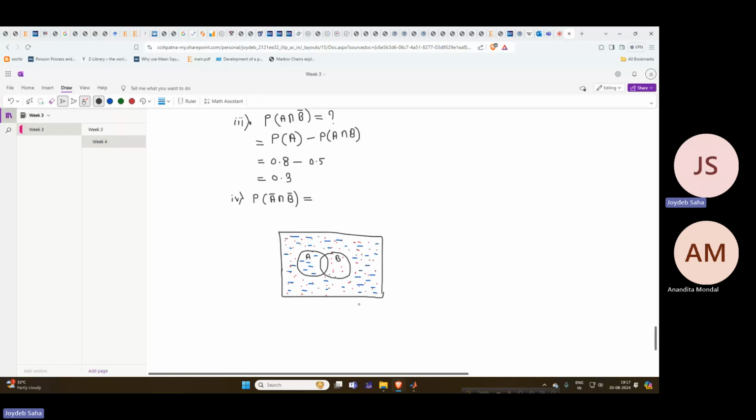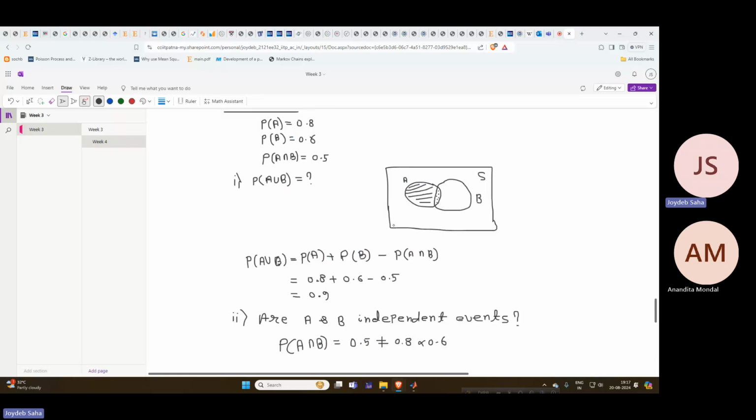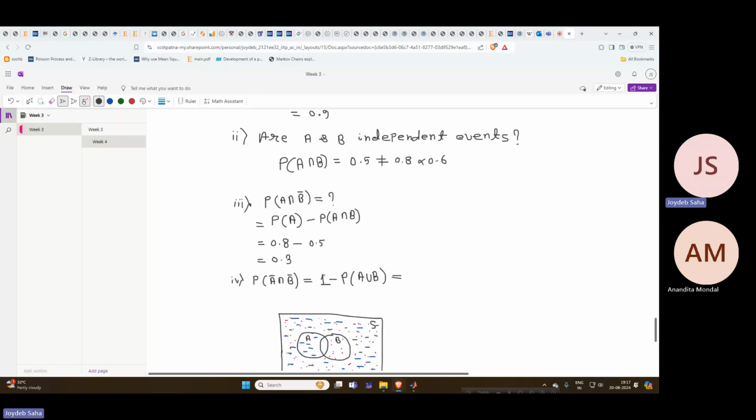So how to get this area? We can get this as the whole area S minus A union B. So we can write 1 minus probability of A union B. And what is A union B? A union B we have calculated as 0.9.